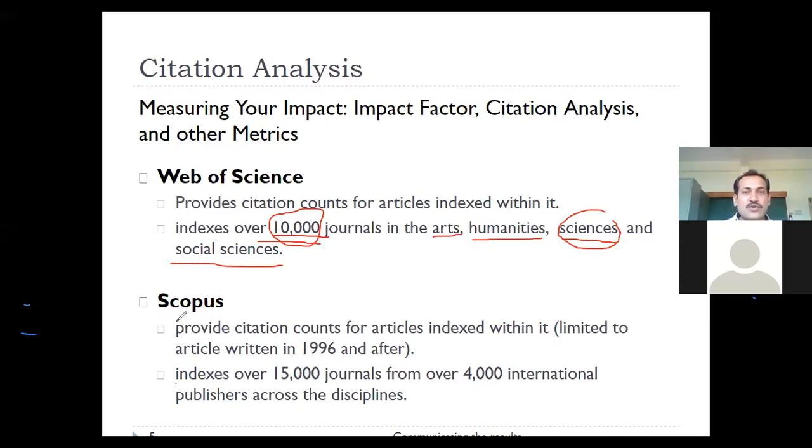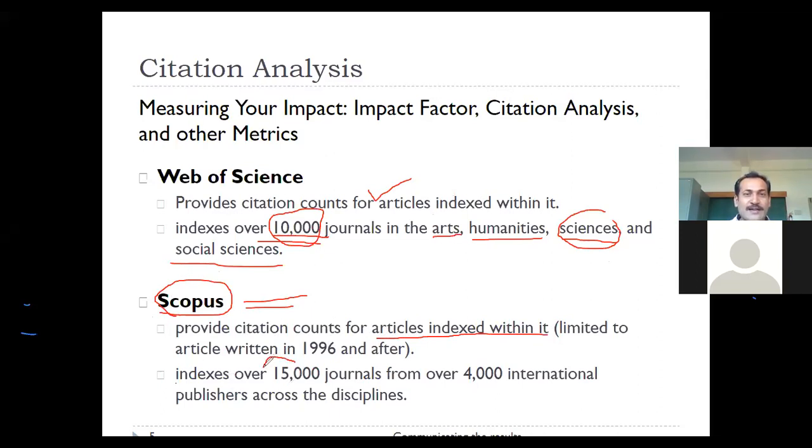Then, the other citation analysis tool is Scopus. It provides the count from the beginning of the journal, since whenever it began. Scopus is a relatively newer citation analysis tool, right, compared to Web of Science, and it provides counts for articles indexed within it.